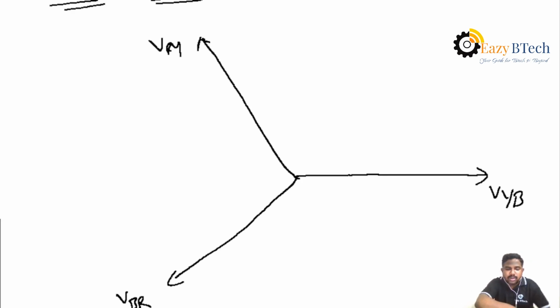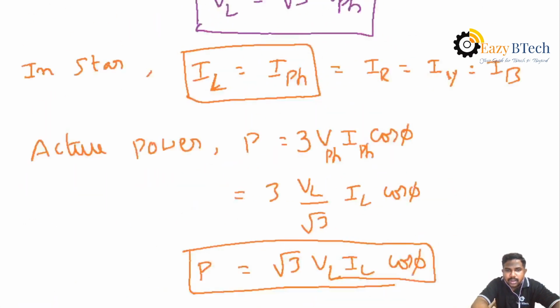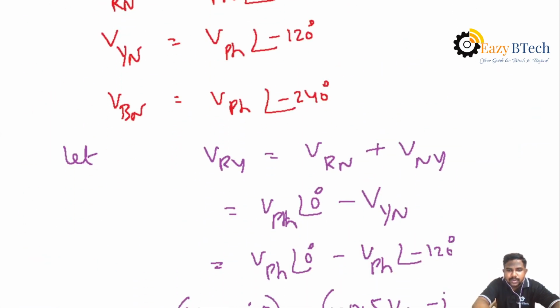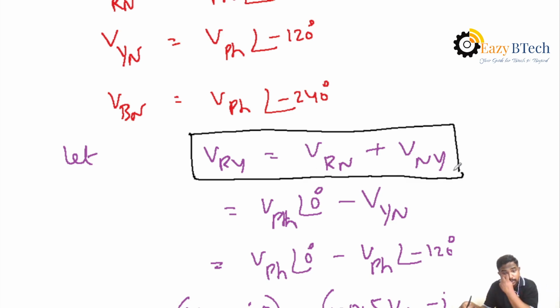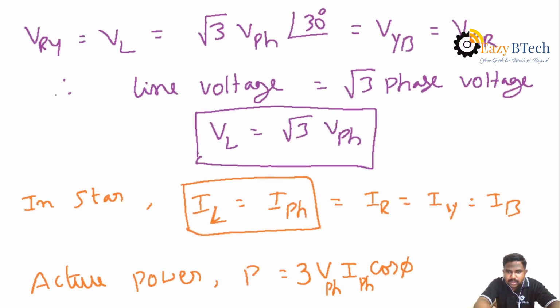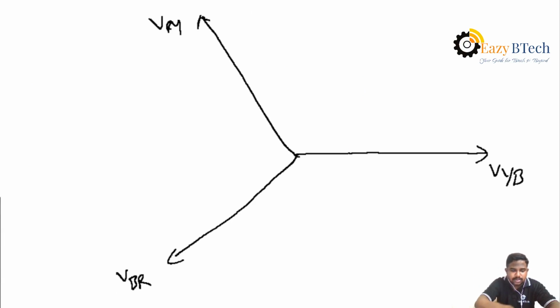How to obtain VYB? Already you can see here, according to this equation, VRY equals VRN plus VNY, with respect to the line and phase. By using the neutral point, we are also developing the phase quantities. That is, VYB is nothing but VYN plus VNB.